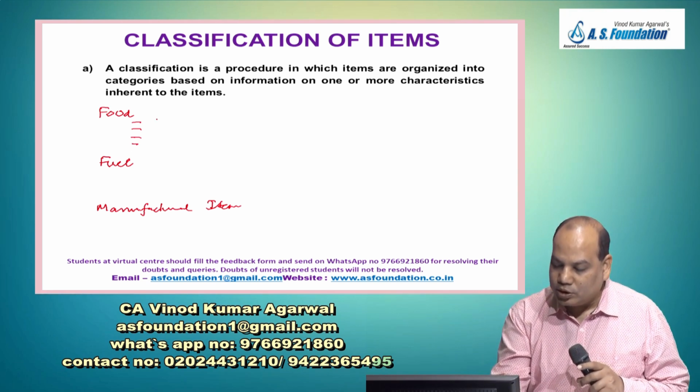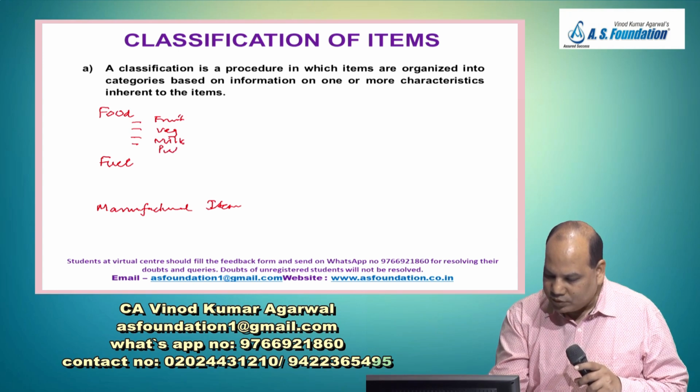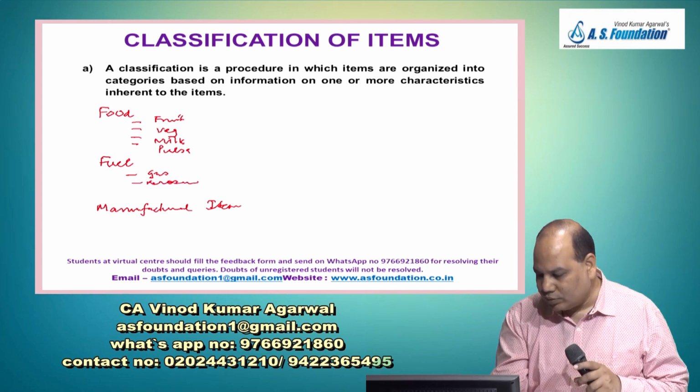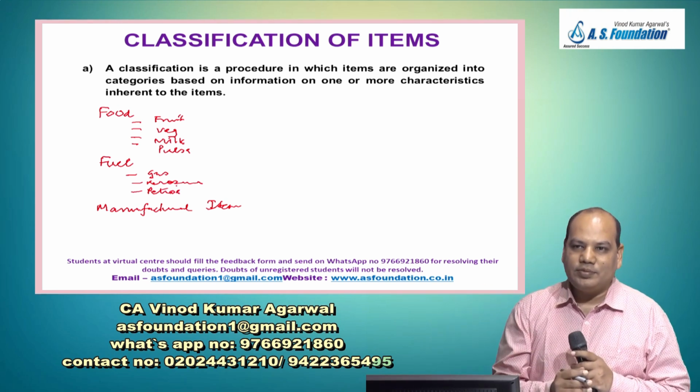For example, you can include, let us say, fruit, vegetables, milk, pulses. In fuel they will take gas, kerosene, petrol. This is an example to understand the next few paragraphs.